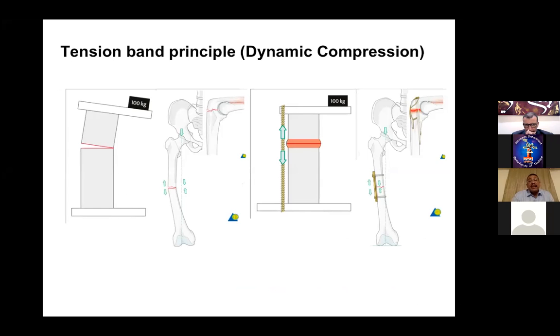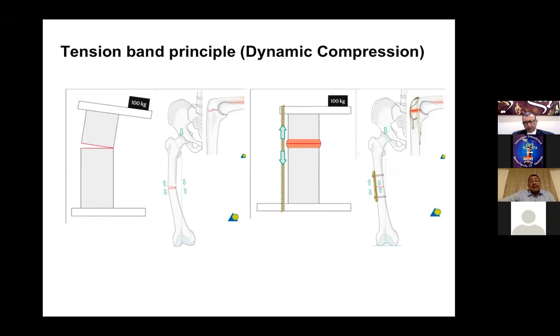What about the dynamic compression when we use the plate as a tension band plate? You can use it in the situation of bones having a tension surface and compression surface, like the femur. The second prerequisite is an intact medial cortex. You cannot use it with a disrupted compression site.